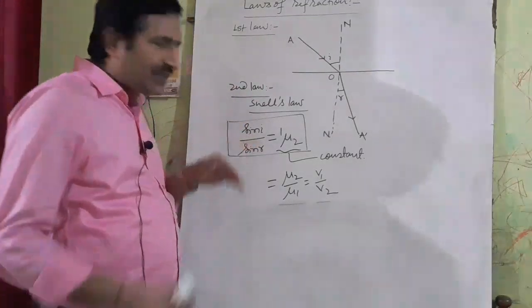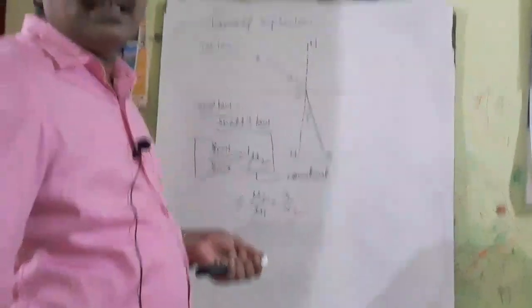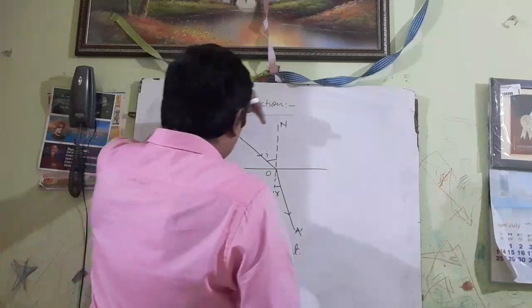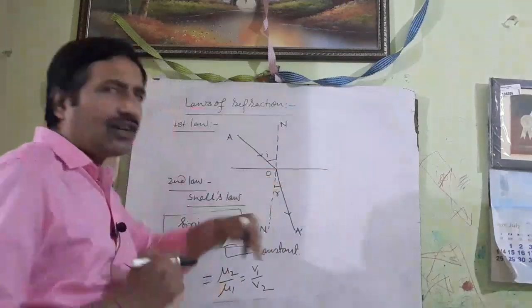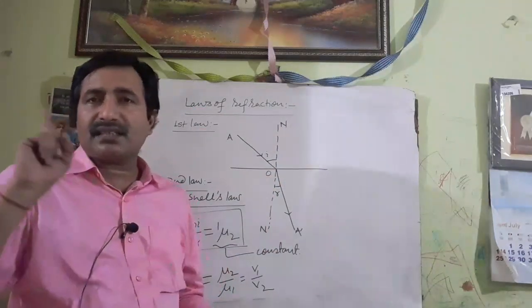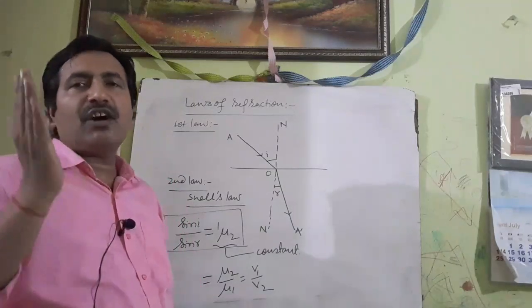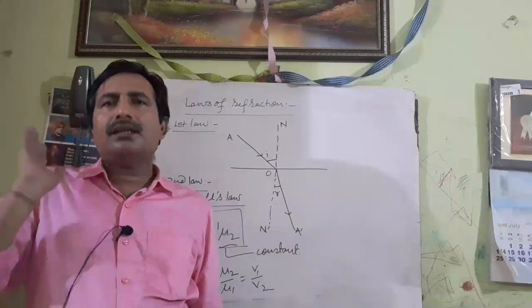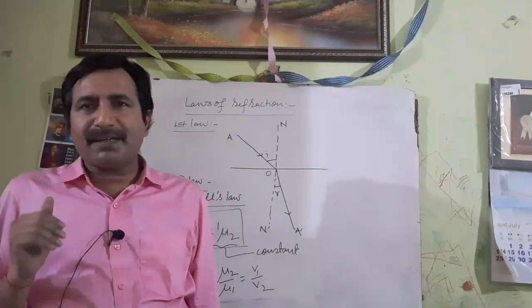On the basis of this, you can understand the situation when a ray of light is incident along the normal. It was discussed in the previous class that when a ray of light is incident along the normal, what will happen?